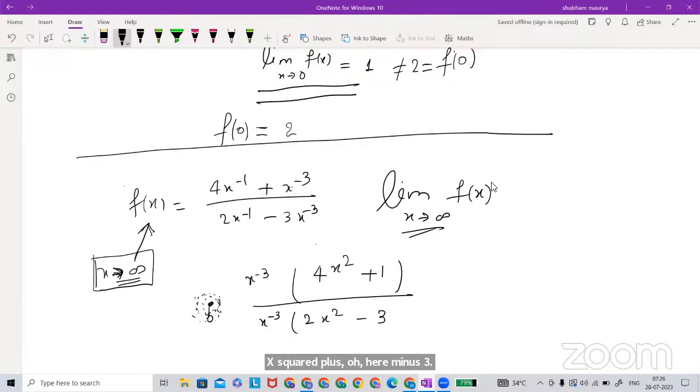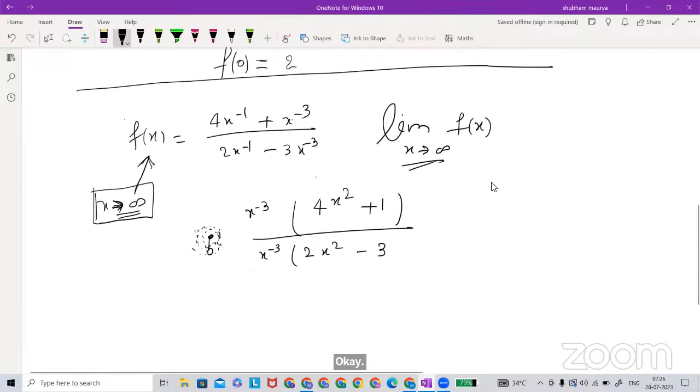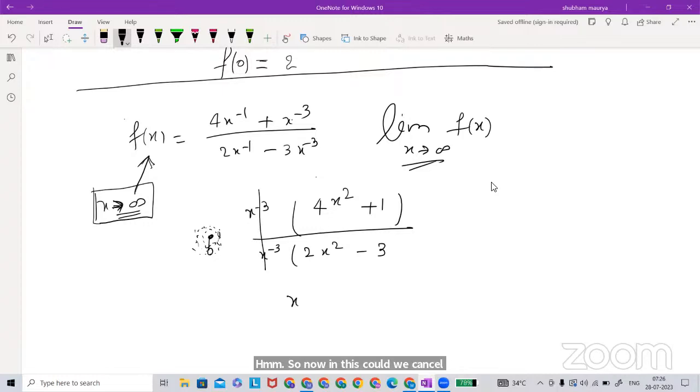Okay, we'll get this one. Then again we can divide by x squared, so this could cancel out. We divide with 2x squared. So this is 4 plus 1 by x squared, upon 2 minus 3 by x squared.